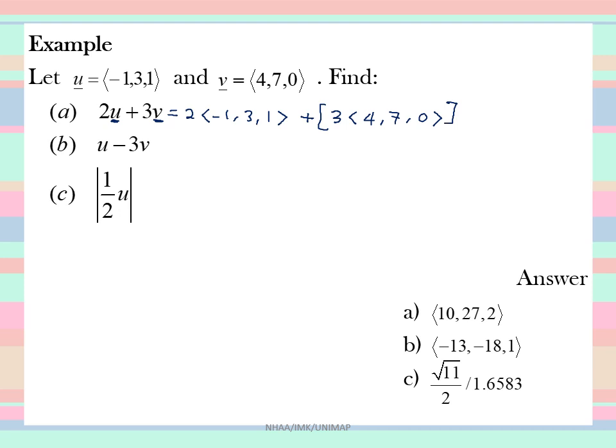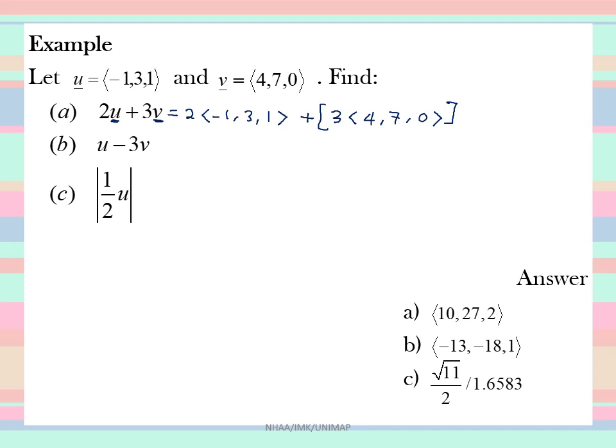Be careful with your writing. The components are separated by commas, so make sure you write it in a proper way, because if not, you'll be confused, or you will just treat the comma as plus or minus, something like that.